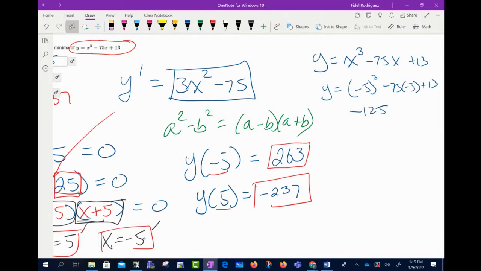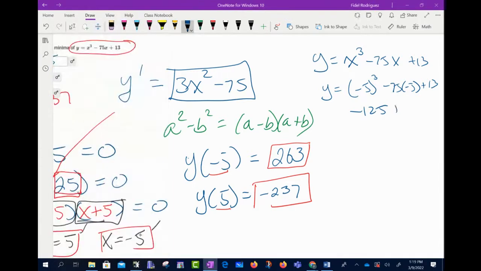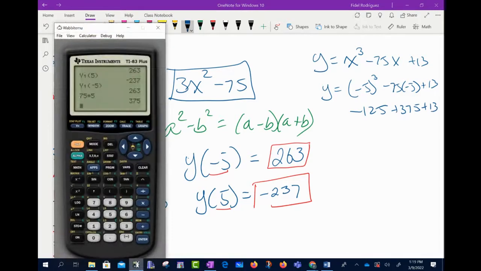So that's -125, and -75 times another -5 is 75 times 5, 375, plus 13. So I have -125 plus 375 plus 13. Yeah, I'm still getting 263.